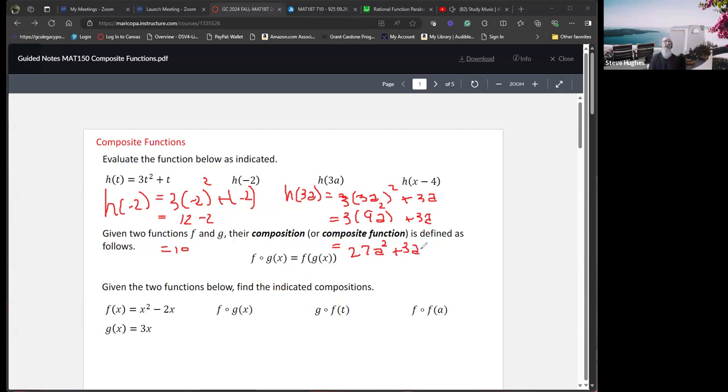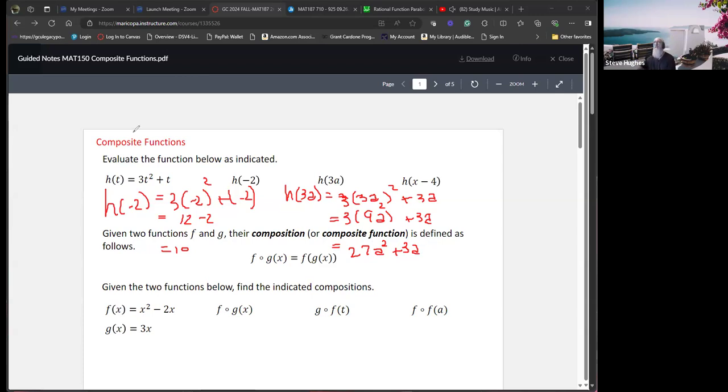That could be considered a composite function because I'm replacing the t with another function, 3a. So it's simply taking whatever that function was, multiplying that variable times 3.